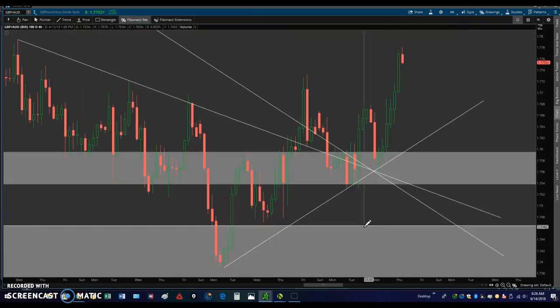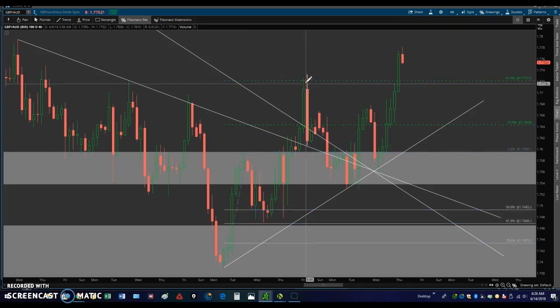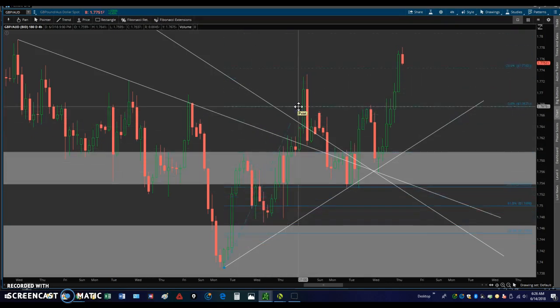Fib wise, looking for some fib validation. You can see the 50 held here, front ran that 61.8, and then pushed up and hit our profit targets. So I like that fib validation there.